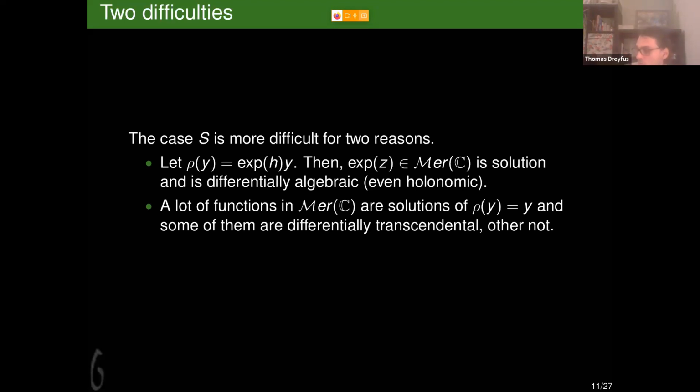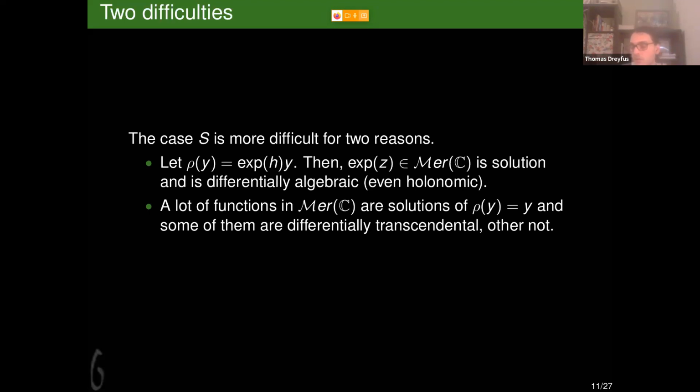If, instead of taking formal series at infinity, you want to consider meromorphic functions on C, you have to deal with the exponential. You have no choice. And the second problem, which may be more serious, is that you have a lot of functions that are meromorphic on C and that are periodic.